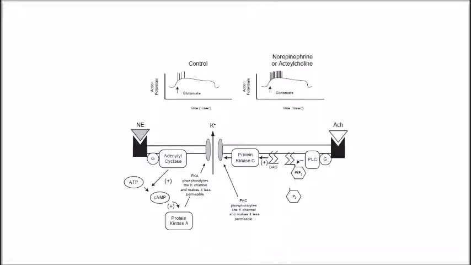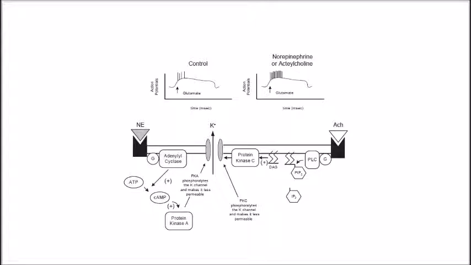Now, in the text, I'd like you to follow along carefully with this particular figure because it shows us the role of two of the neuromodulatory neurotransmitters, norepinephrine and acetylcholine. So in the graph on the upper left, let's imagine a neuron in a dish. We put some glutamate into that dish.